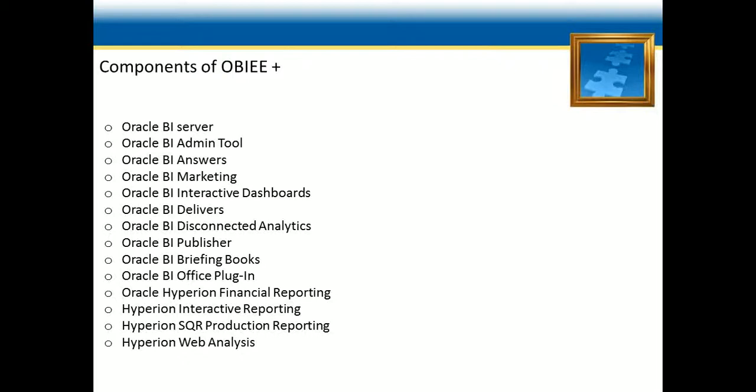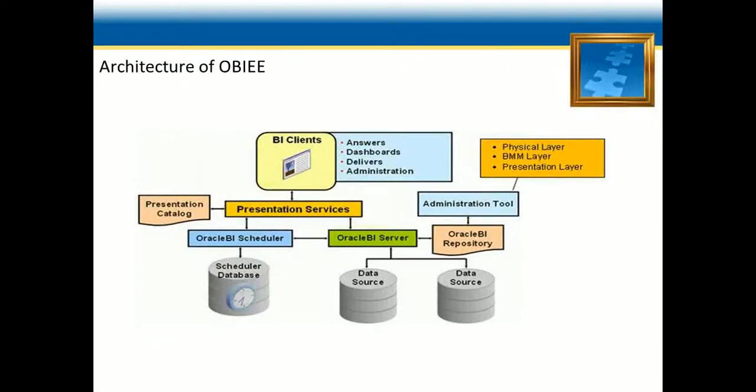As I told you, BI Publisher is the most important feature in OBI which is integrated now. Also BI Briefing Books, BI Office Plugin, and Oracle Hyperion Financial Reporting, which is also integrated with OBI. Hyperion Interactive Reporting, Hyperion SQL Production Reporting, and Hyperion Web Analysis. These are all the components present in OBI right now.